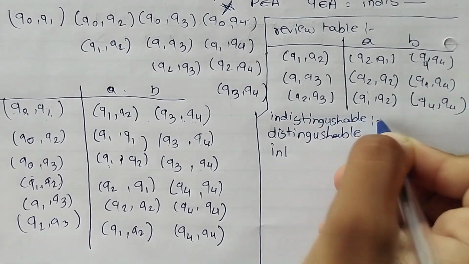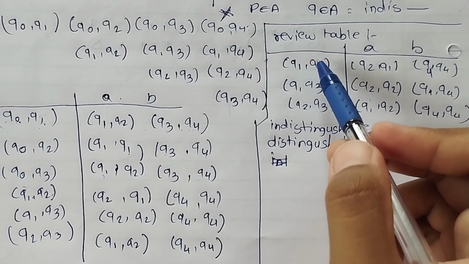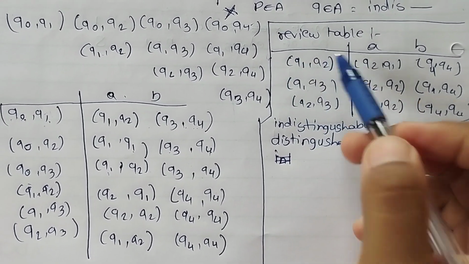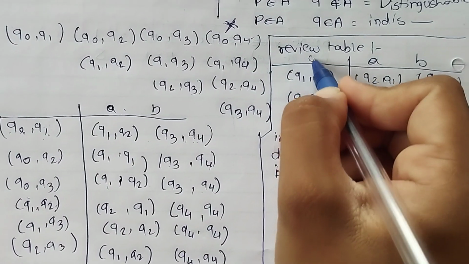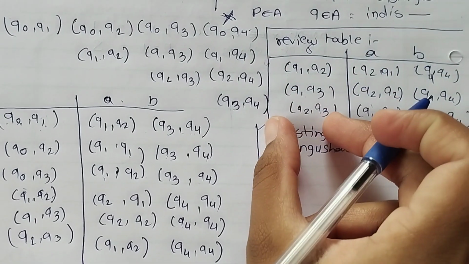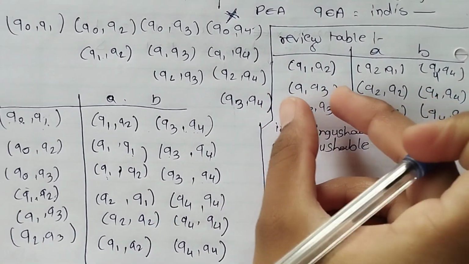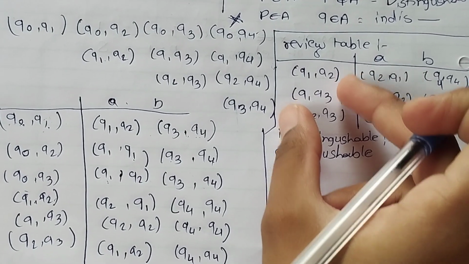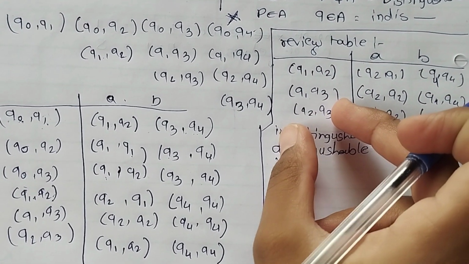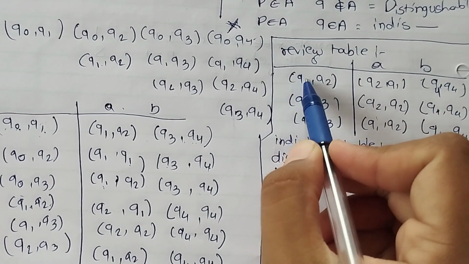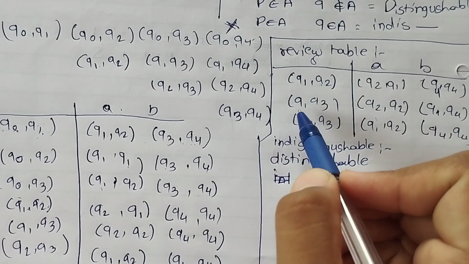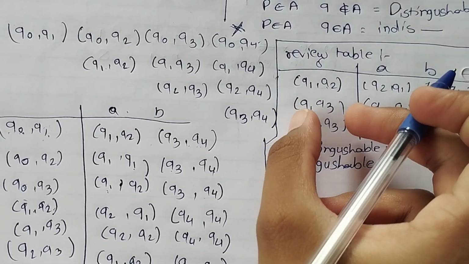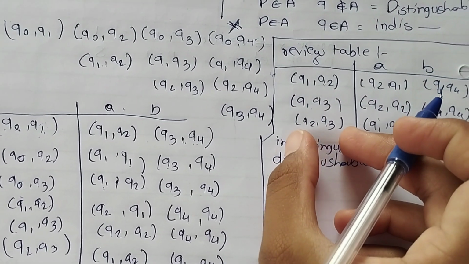Indistinguishable means the states which are present in this delta table, these are the states and these are the transitions. So the states present in this table are the indistinguishable ones. Q1 Q2 is one pair, Q1 Q3 is one pair and Q2 Q3 is a pair.